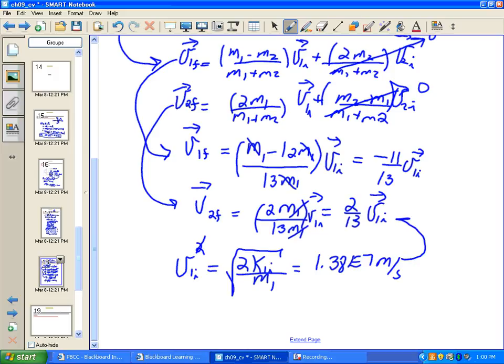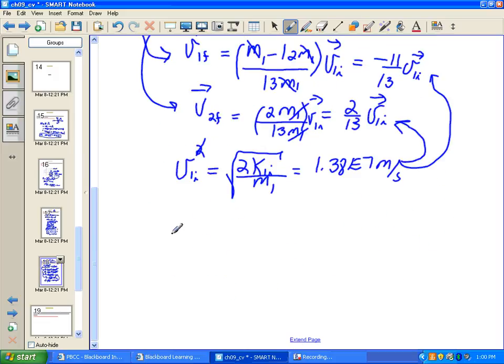Now we can plug this into here, plug that into there, and get the actual values of V1 final as negative 1.17 e to the 7. And by the way, direction-wise, let's go ahead and have the i hat direction as the direction that the neutron, or object number 1, was initially moving.